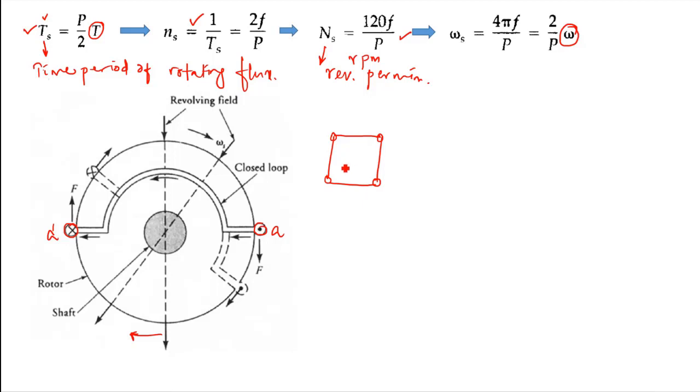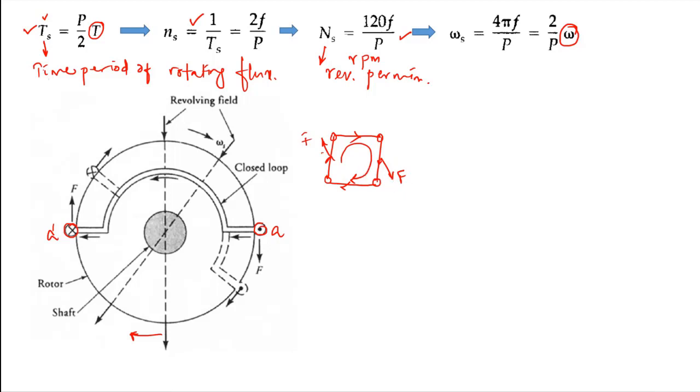Whenever the EMF is induced, there will be a flow of current inside this closed loop coil, right? So then what will happen? Then there will be an induced force in this conductor, right? Okay. So there will be induced force on these two conductors.